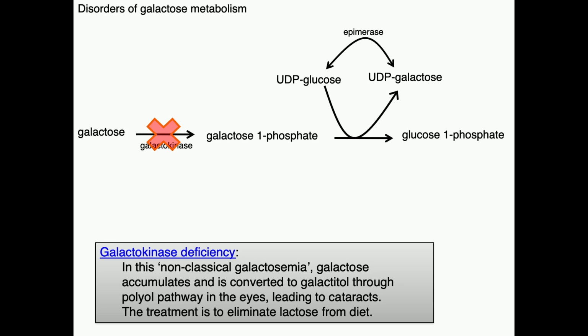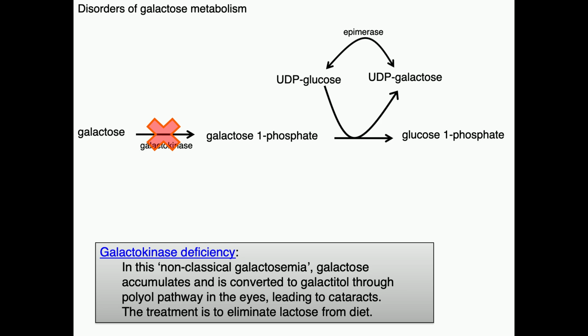In galactokinase deficiency, in the absence of the galactokinase, the galactose from a milk sugar meal builds up, and the main consequence is that it enters into the eye and is a substrate for the polyol pathway. Remember, sorbitol was the intermediate sugar for glucose metabolism through the polyol pathway.